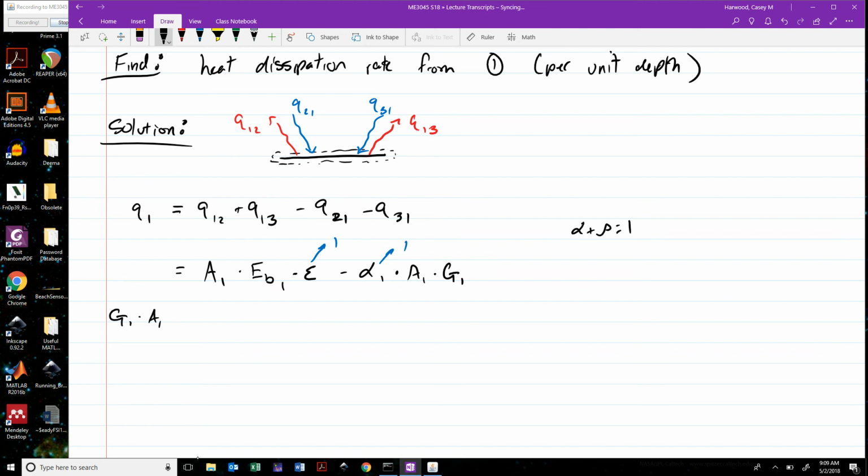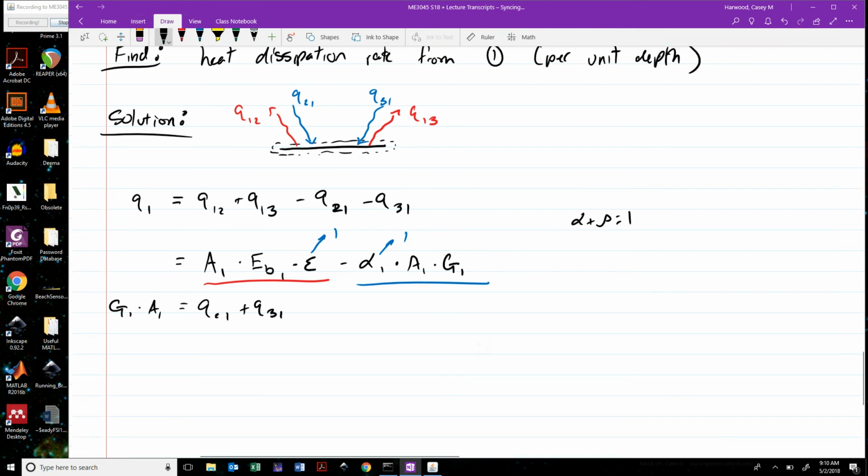G1 times A1 is equal to Q21 plus Q31. So we've said here's all the energy going out, the stuff that's written in red. Here's all the energy coming in. Then we're solving for the G1 times A1 term.